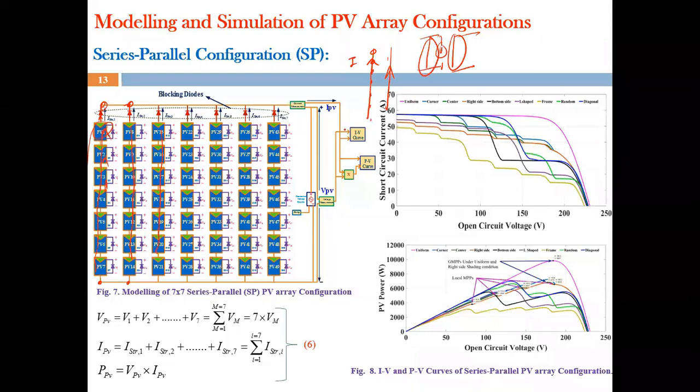So the current flowing through all the modules will be the same, and that's the reason VPV is equal to V1 plus V2 plus V3 and so on up to V7. It is ensuring that the voltage is the summation of V1, V2, V3, V4 and so on up to V7.